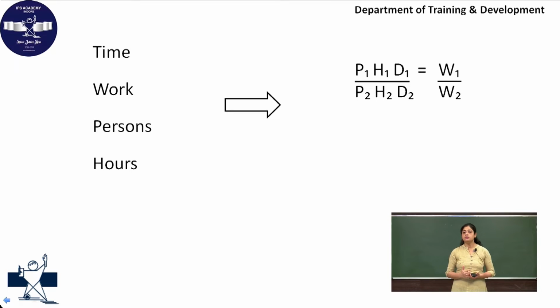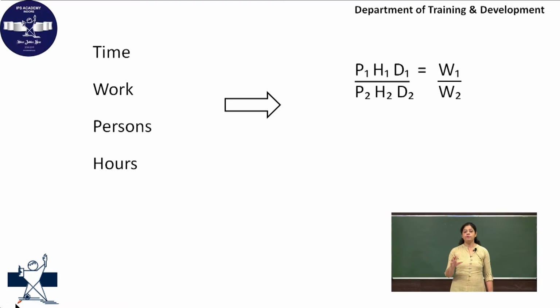So D1 was something, I forgot, okay. So there were days something, and day 2 we have to find. W1 will be 50 because we want to print 50 magazines, right? So same W2 is 50 if I have not changed the quantity. So likewise this formula will come into picture when work quantity is mentioned.